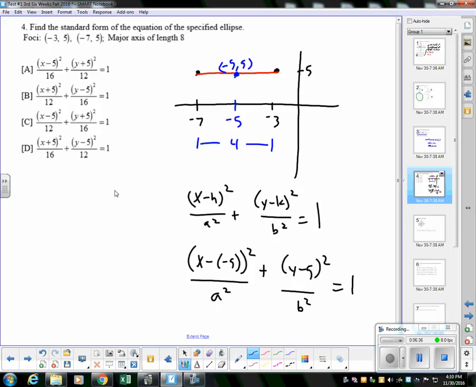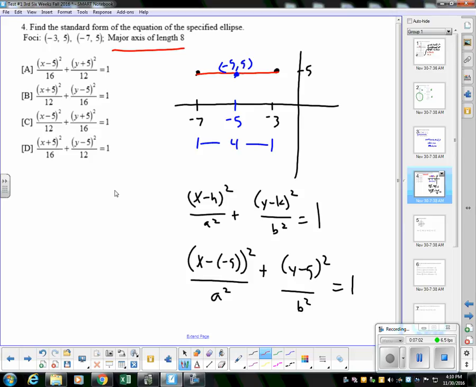Well, a, if you remember, is the distance from the center to a major vertex. We know that the major axis has a length of 8. We also know that the major vertices have to be beyond the foci. So if my major axis has a length of 8, that means each major vertex is 4 units away. Half of 8 is 4 units away from the center.